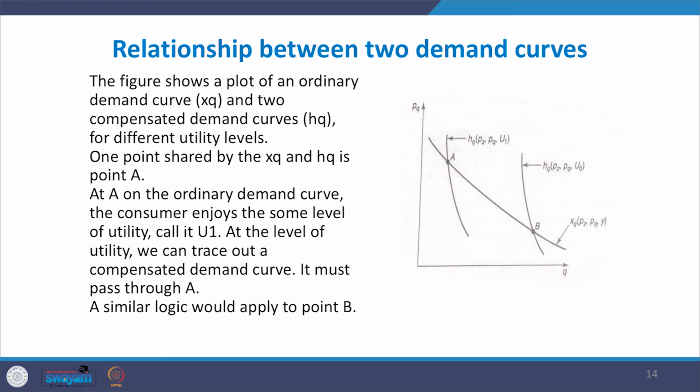Similarly, if utility is U0, then at point B, HQ(PZ, PQ, U0) is another compensated demand function with respect to point B. So, in a nutshell, you can see that for each point on the ordinary demand curve there would be one compensated demand function. The remaining part of this topic will be discussed in the next lecture.